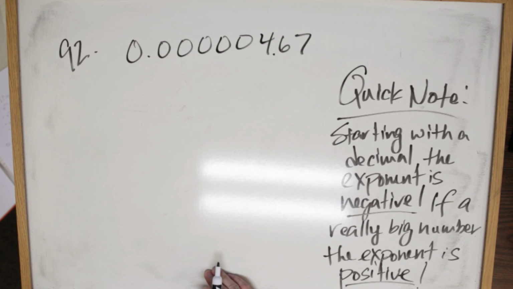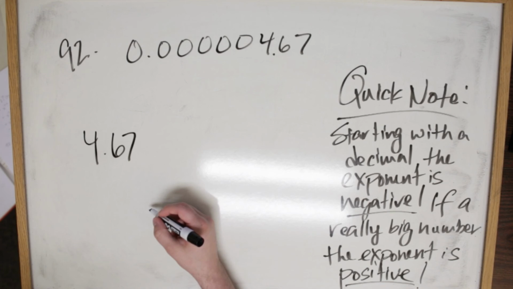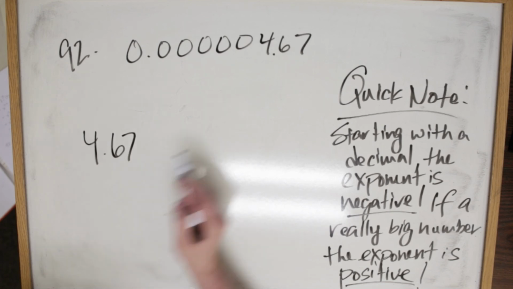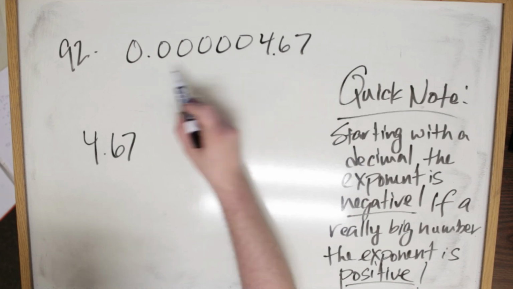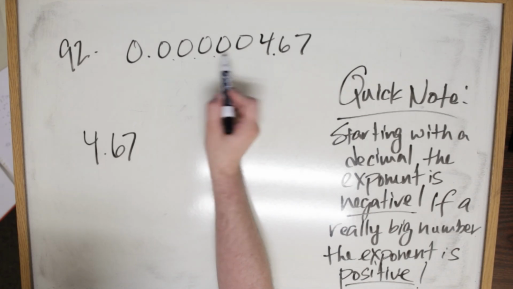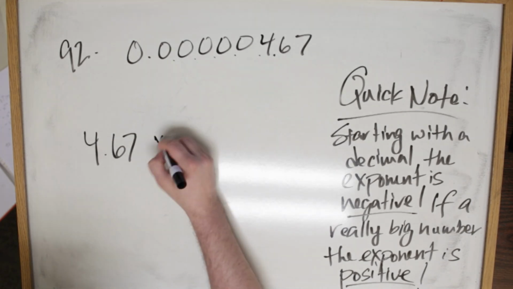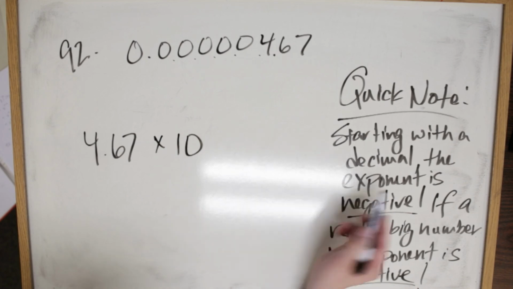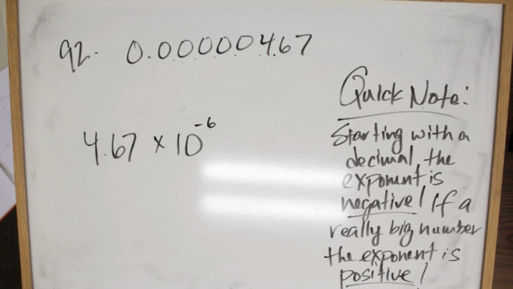So I've got 4.67, and all I have to do is count how many places I moved the decimal. 1, 2, 3, 4, 5, 6. I moved it 6 places. Now, because this was a decimal when I started, it's going to be a -6. That's it.